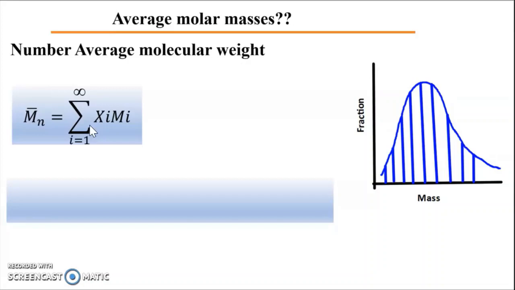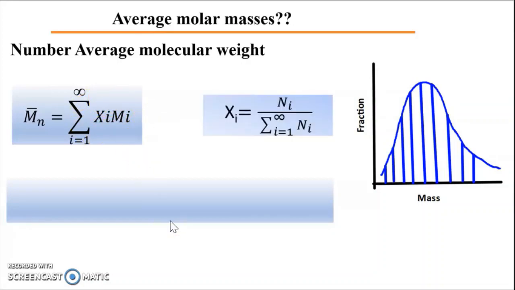So I can define the number average molecular weight as the sum of the fraction of each chain group times the mass of the specific repetitive unit of each group.